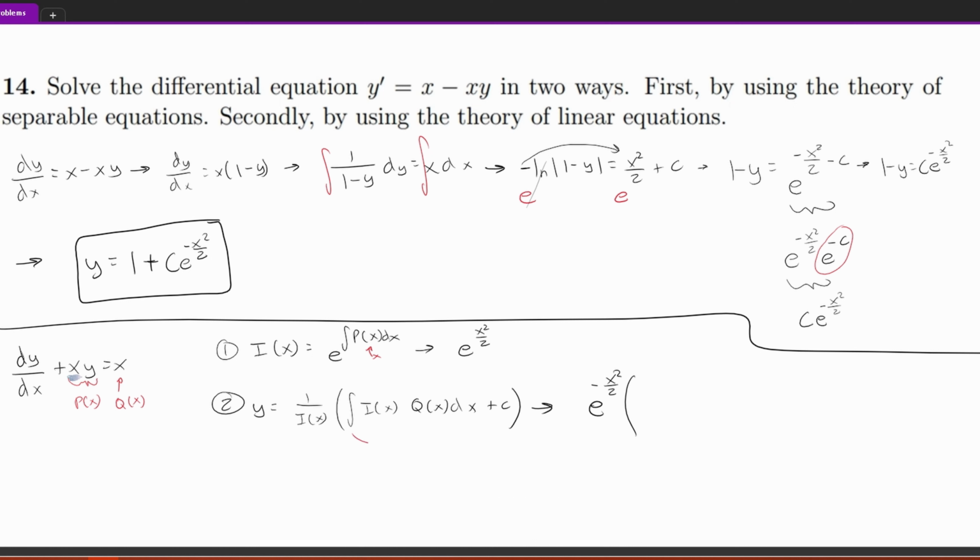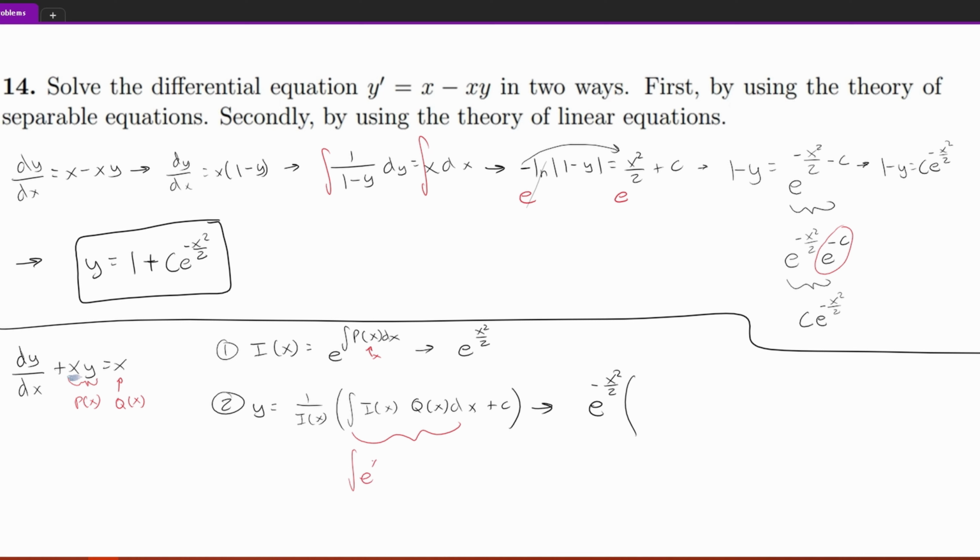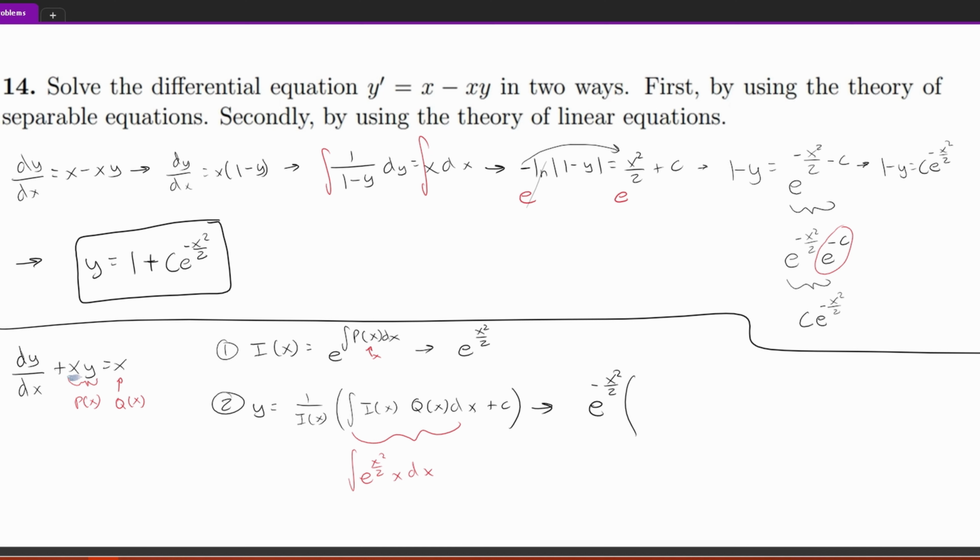So let's plug in for this right here. We have the integral of our I of x, and our I of x is just going to be e to the x squared over 2. Our q(x) is just going to be x, and then we have dx. So what we can do here is a u sub. Notice that if we u sub for our x squared over 2, we'll have a du equal to x dx.